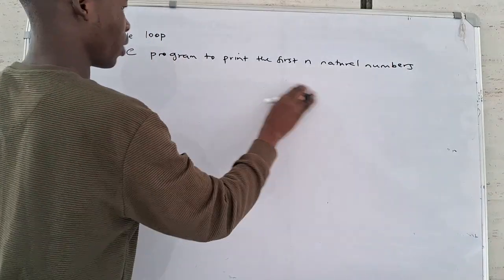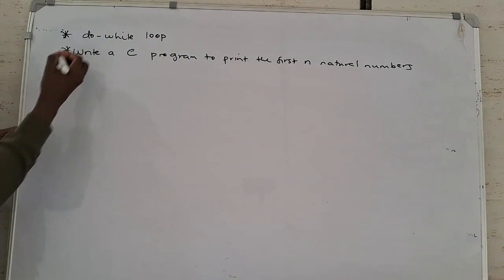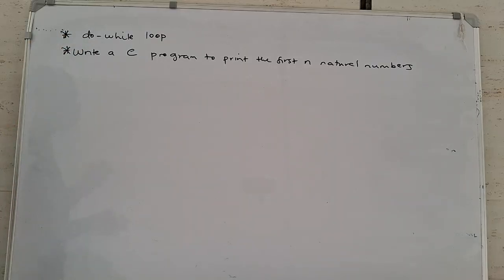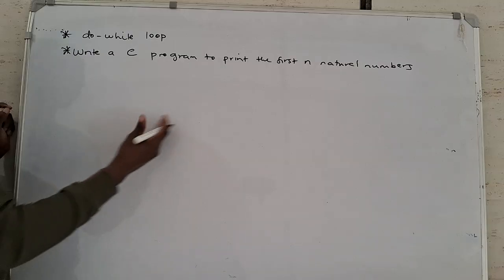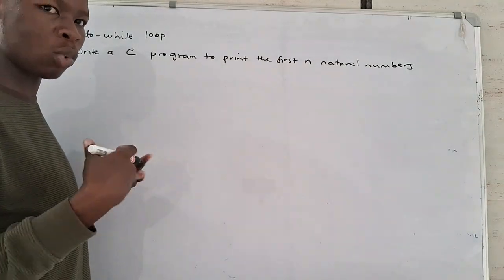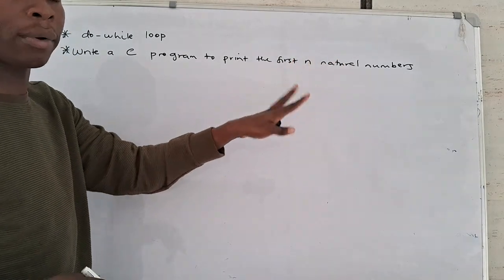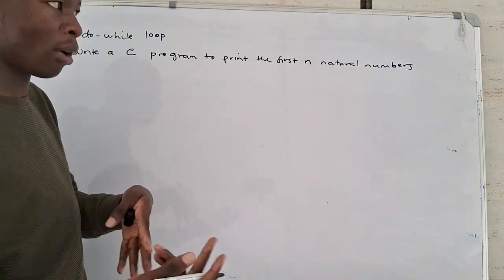Okay, we want to write a C program to print the first n natural numbers. This is the question, using the do while loop. Okay, so what are natural numbers? 1, 2, 3, 4, 5, 6, 7, 8, 9, 10, 11, 12, likewise, right? These are what we call natural numbers. So you're supposed to write a program, and this program should give this output.